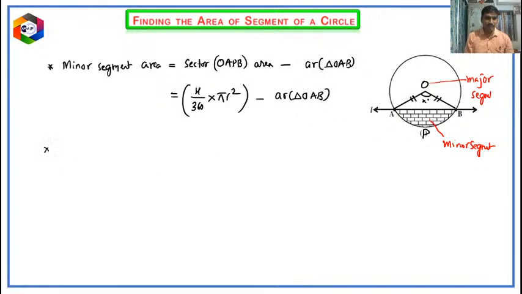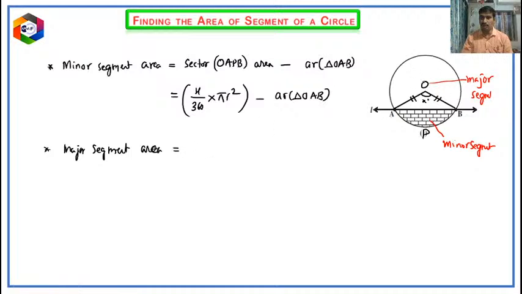Now if you want to calculate the major segment area, here in the diagram the brick-like shaded portion is the minor segment. The other side, which is empty, the white color, inside the circle and not shaded, is called the major segment, Adhika Vrittakanda.